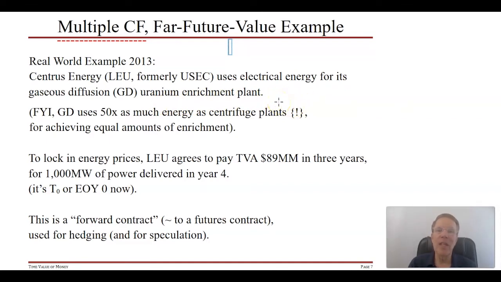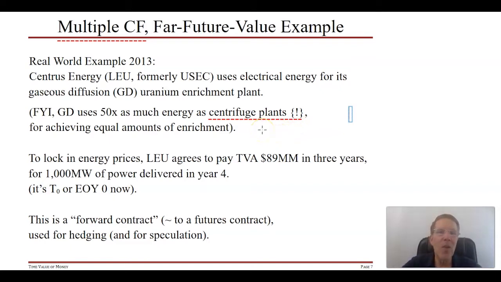So they're a uranium enricher operating in this country, publicly traded. And here was their big problem. Gaseous diffusion uses 50 times as much energy as centrifuge plants. And centrifuge plants are the best practice plants in the world right now. So that's a problem.